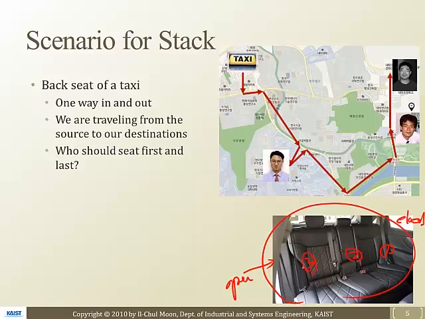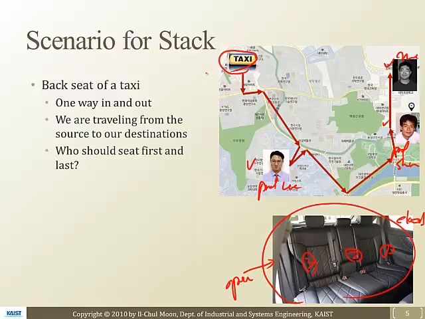And let's imagine that this is Professor Lee, probably, and this is Professor Shin, and this is me. I live around here, Professor Shin lives around here, and Professor Lee lives around here. Let's imagine that the three of us had a little drink at the Sinsong area, right here, and we took a cab. And then our route is this.